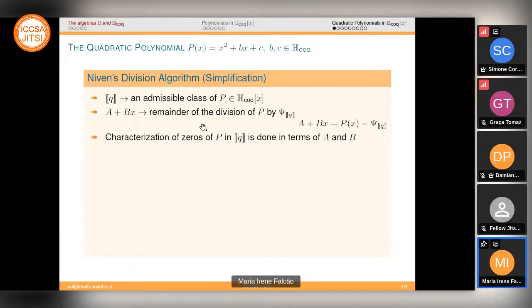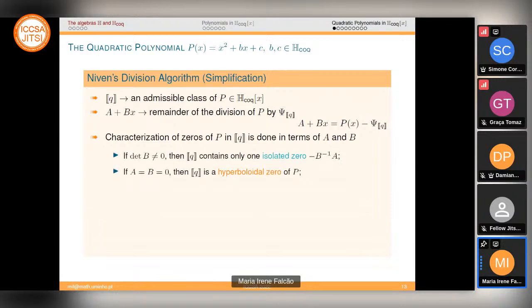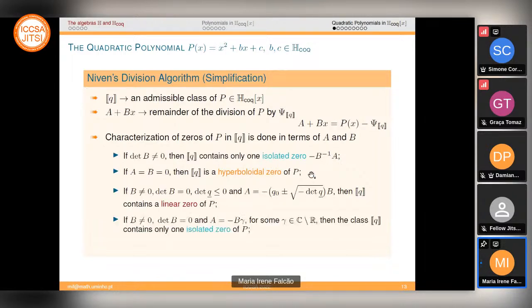Because now P is of degree 2, the characteristic polynomial is of degree 2, so we don't need to perform the division. We just need to do this subtraction, and then we can immediately see the values of A and B and apply the theorem.